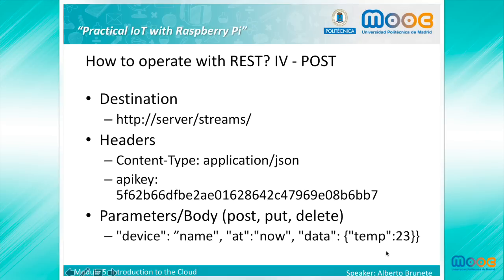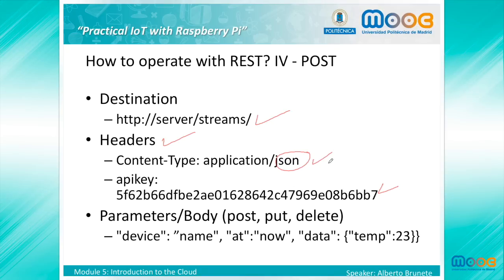The post method works in a similar way. We get destination, we get headers, again JSON and API key, and we get parameters or body. But in this case, since it is a post method, we have to specify the data we want to upload in JSON or XML format.